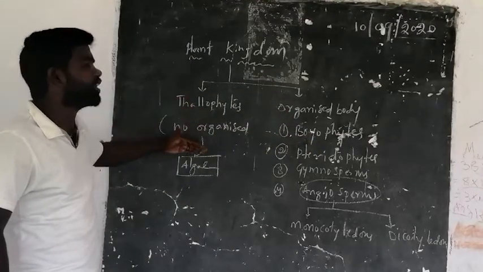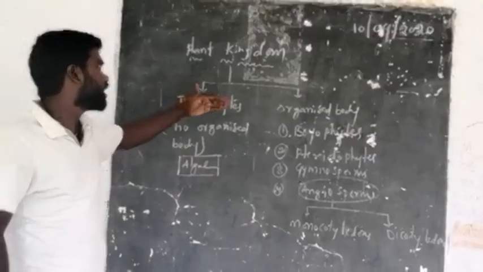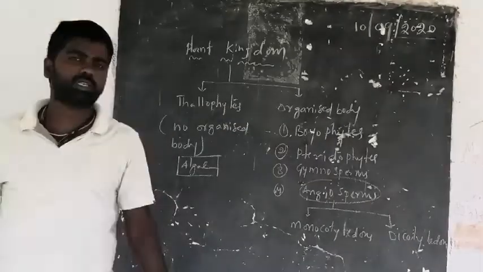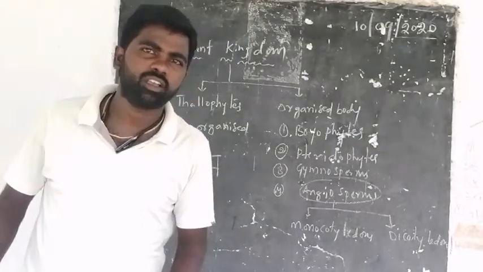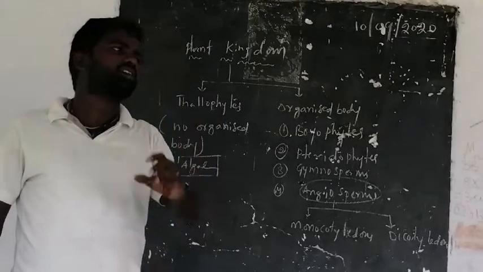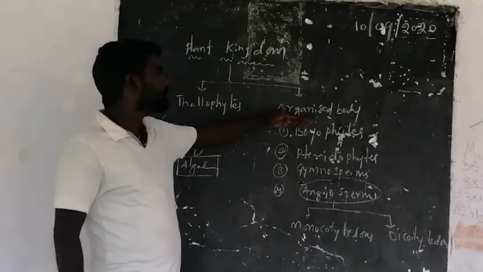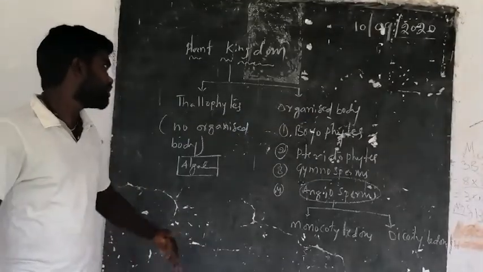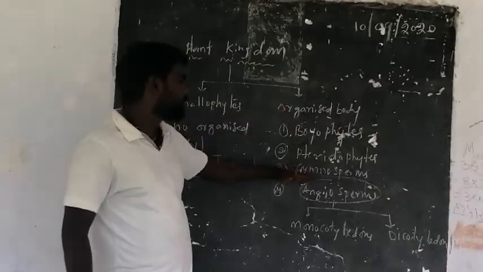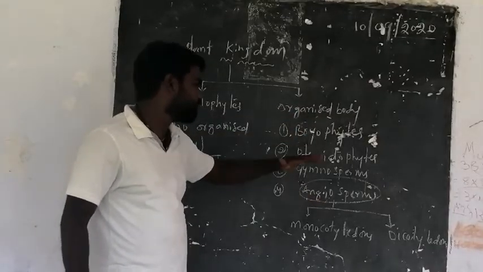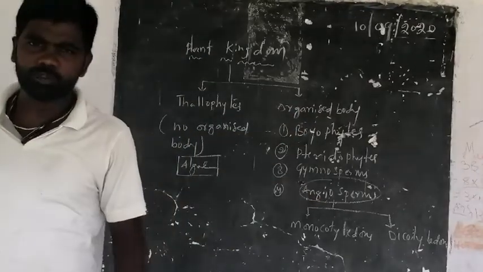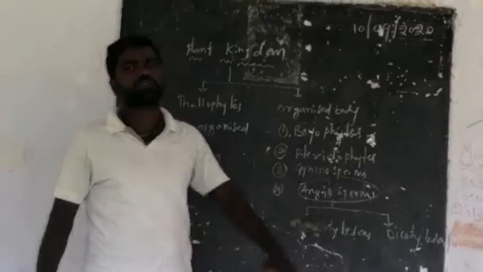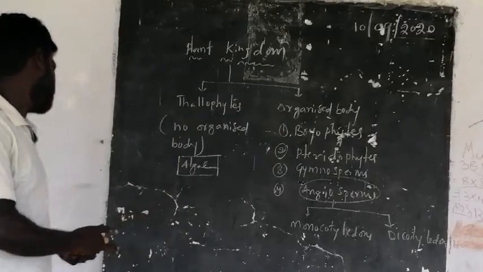Thallophytes do not possess a well-organized body, while bryophyta, pteridophyta, gymnosperms and angiosperms possess an organized body, or we can see the perfect structure of the plants. In your syllabus, you have the characteristic features of angiosperms only. Let us see briefly about these angiosperms today.